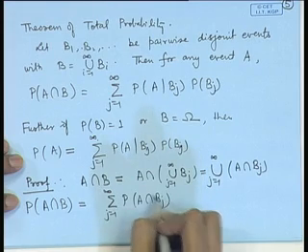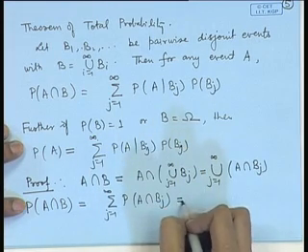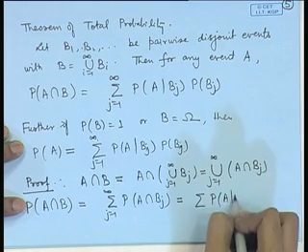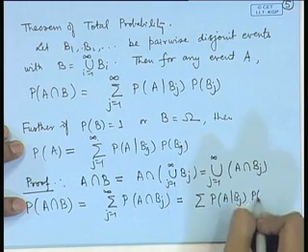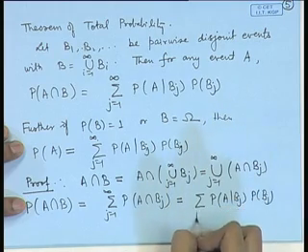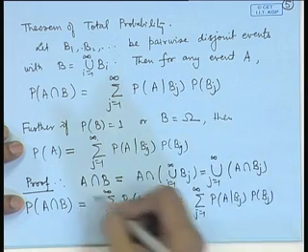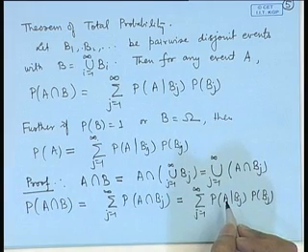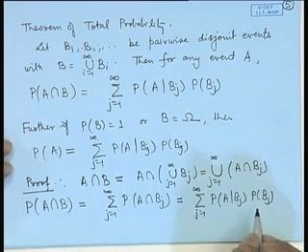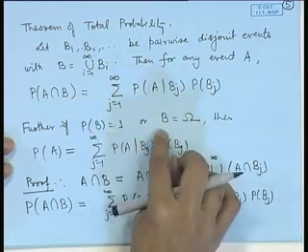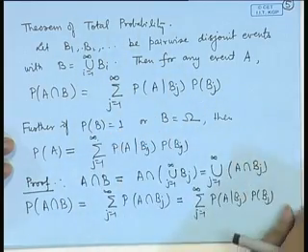Now, by applying the multiplication rule on this simultaneous probability, this becomes probability of A given Bj into probability of Bj, which is actually the statement of the theorem of total probability. Now, we look at the case if probability of B is 1 or B is omega also here.